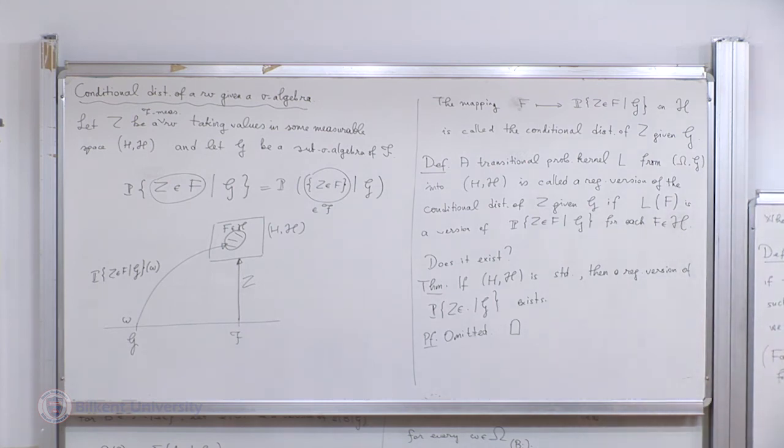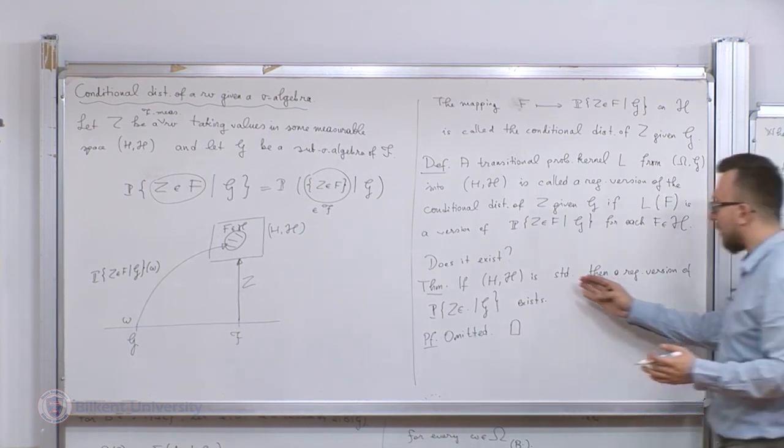But here it's not a bad requirement, since the image space is usually the real line or R^n, so it is standard in applications. We said R and R^n are all standard spaces, so it is a very mild requirement.